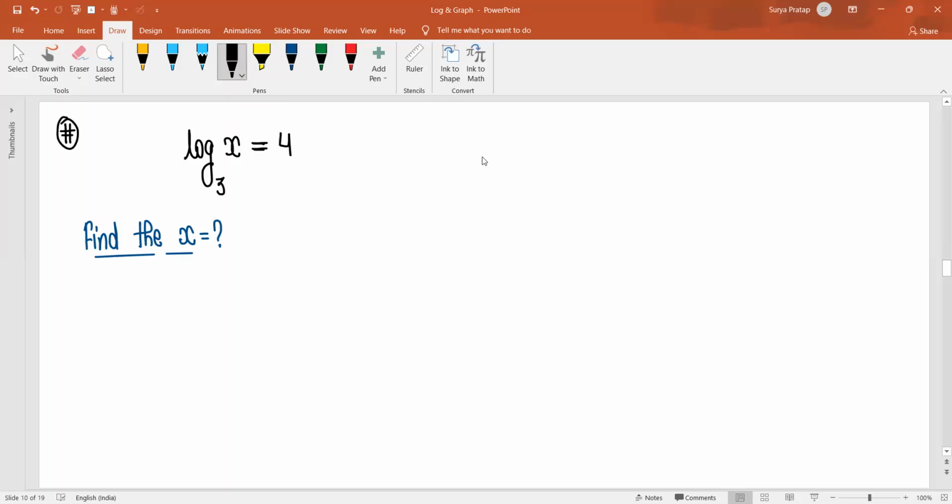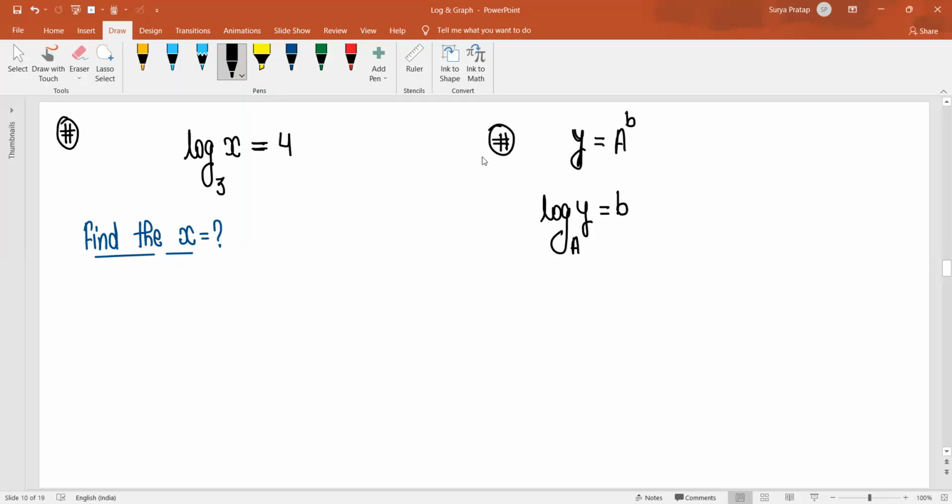For this, don't forget the idea of when we converted the exponent into the log. Our exponent term was: if y is a to the power x, then how do we write this? We write this as log base a of y, which is equivalent to x. I want to use another idea here.